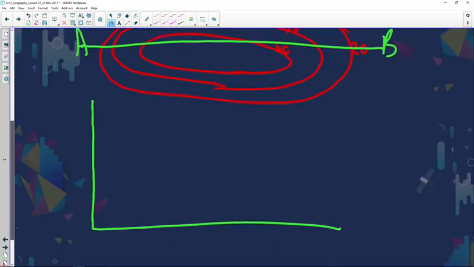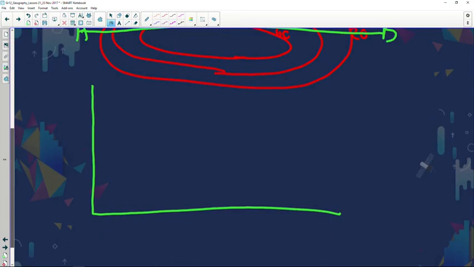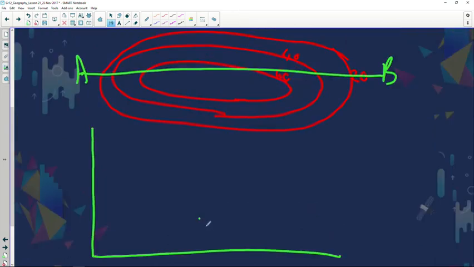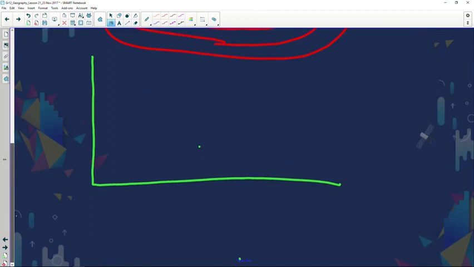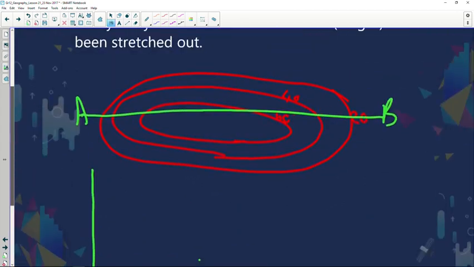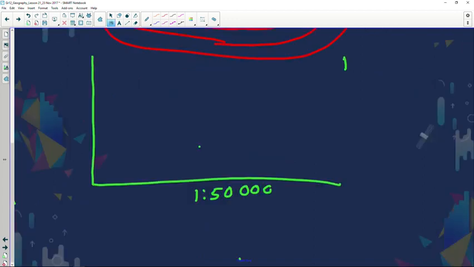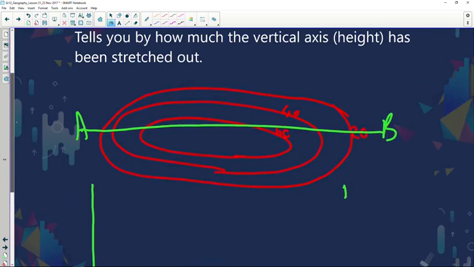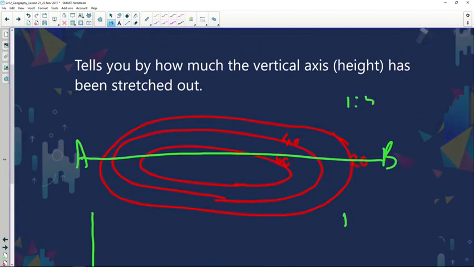If this cross-section was on that topographical map, what will be the horizontal scale? 1 to 50,000. So let's assume these contour lines were on a 1 to 50,000 map, and let's call it Bloemfontein.